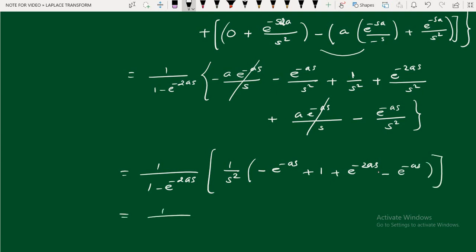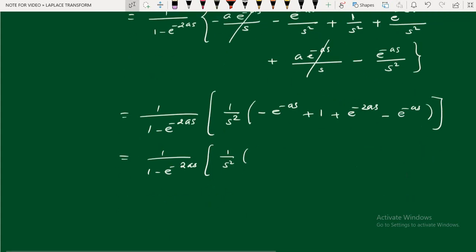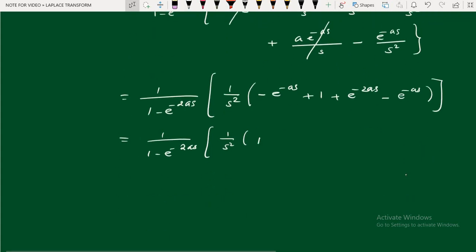So the next line: 1 by 1 minus e power minus 2as, 1 by s square into, now I will arrange this as 1 first, then minus e power minus as minus e power minus as, so minus 2 times e power minus as, next plus e power minus 2as.